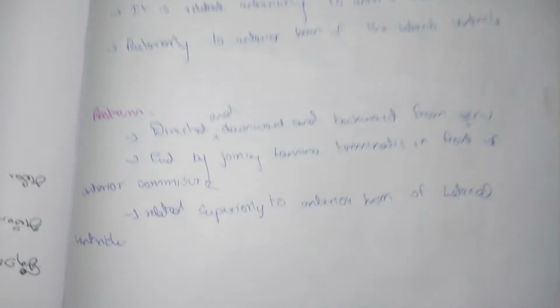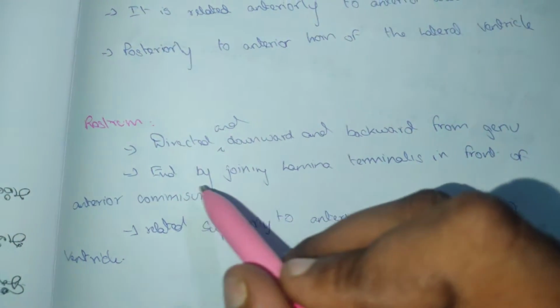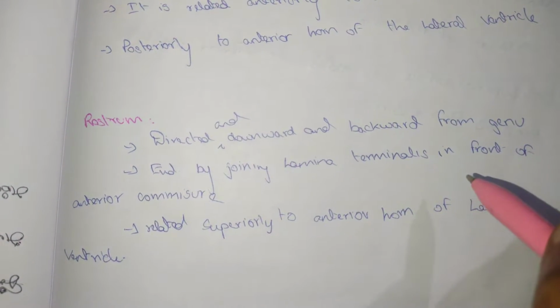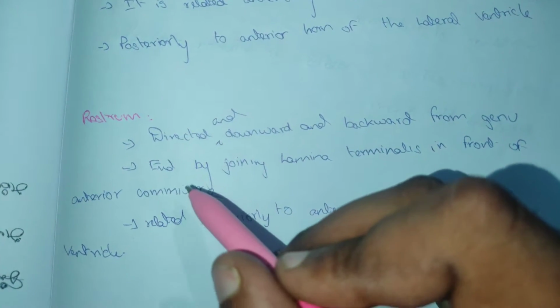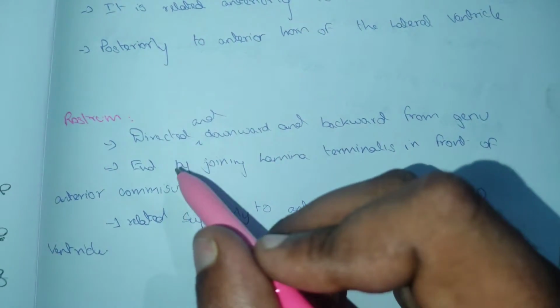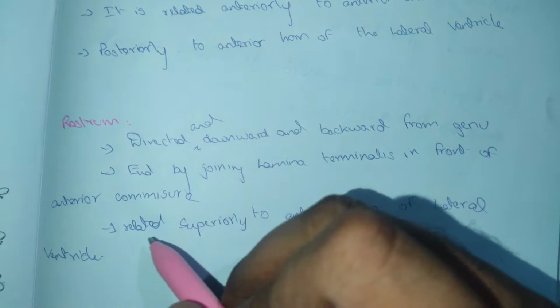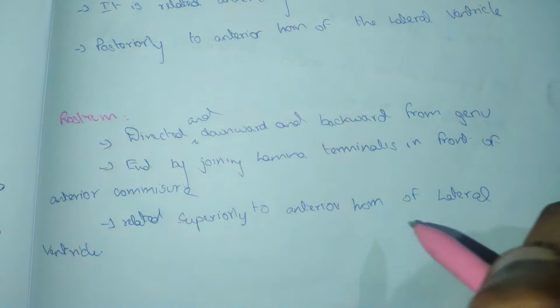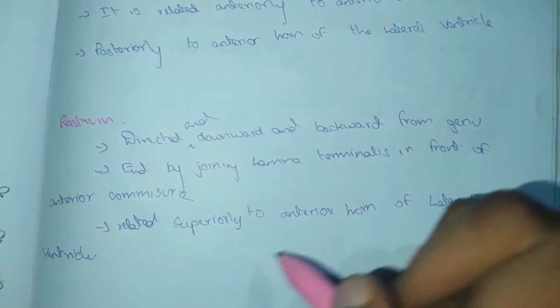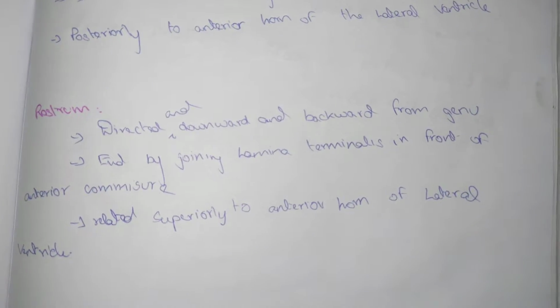Now we will see the rostrum, which is the second part. It is directed downward and backward from the genu, joining the lamina terminalis in front of the anterior commissure. It is related superiorly to the anterior horn of the lateral ventricle.